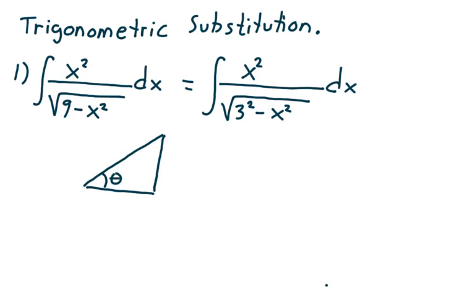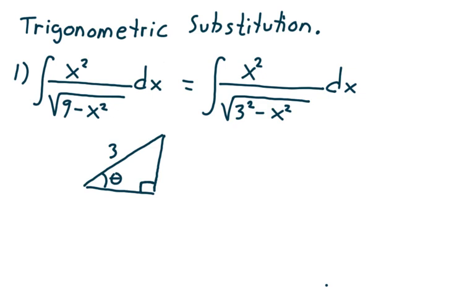And notice how we have a square root of 3 squared minus x squared in the denominator. What that dictates is the following. My hypotenuse, which is the side opposite to the 90-degree angle, is going to be 3. And the square root of 3 squared minus x squared in the denominator tells me x will be the length of one of the legs.